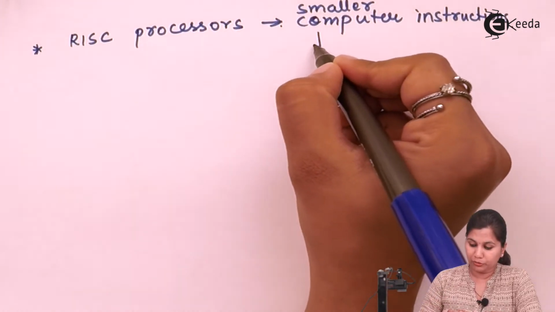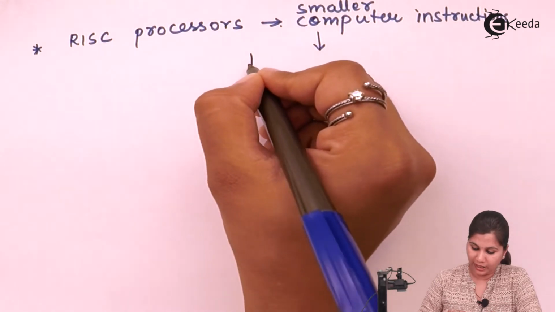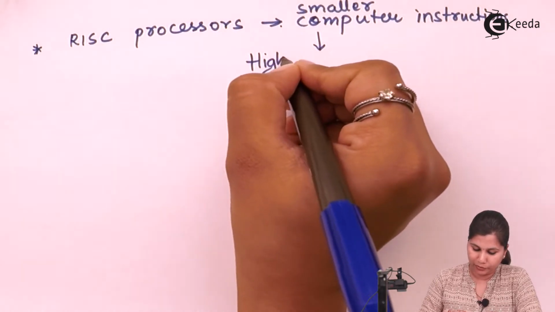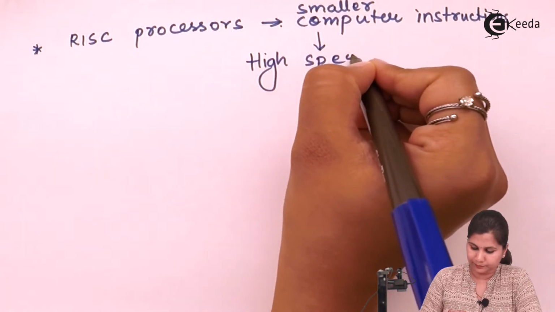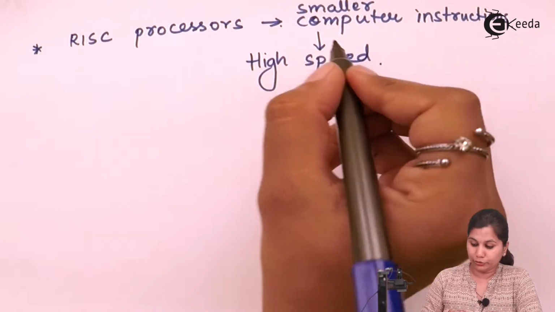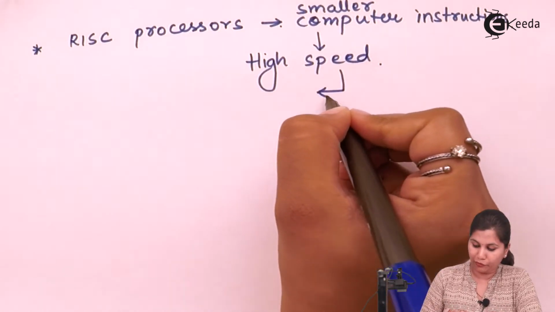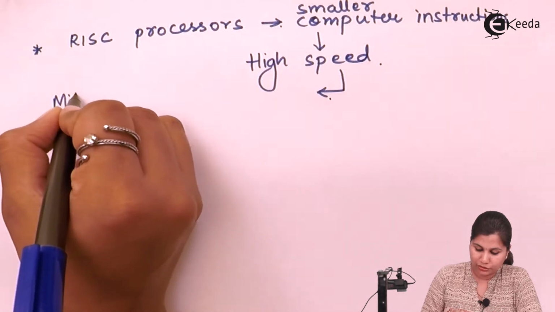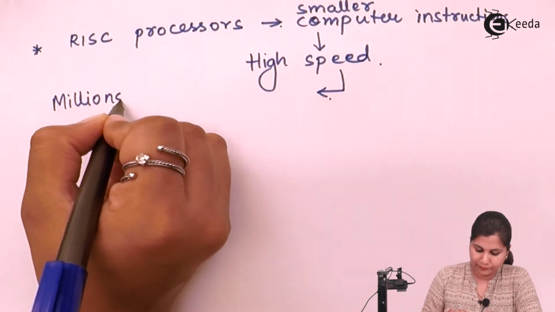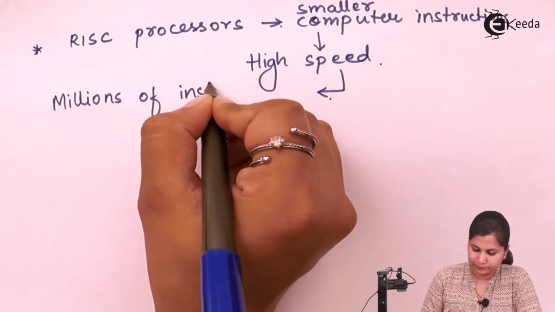So small computer instructions provide high speed to the processors, and due to the high speed, they can perform millions of instructions per second.